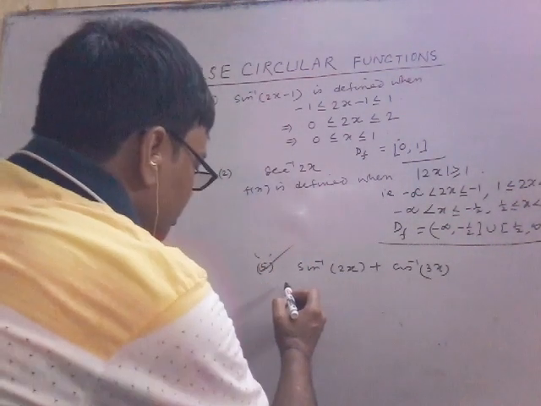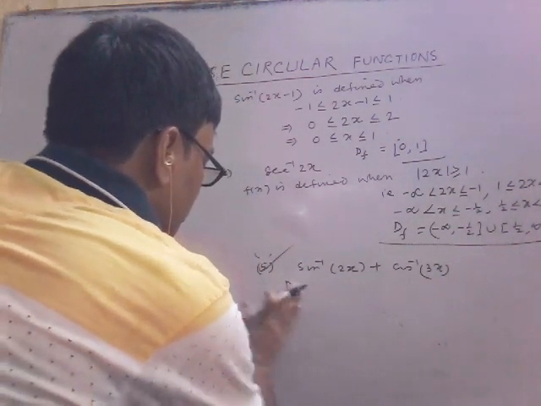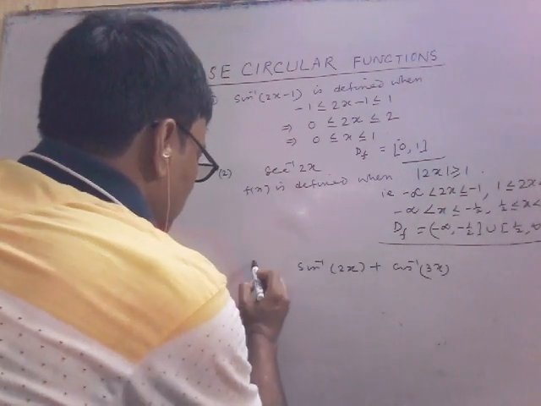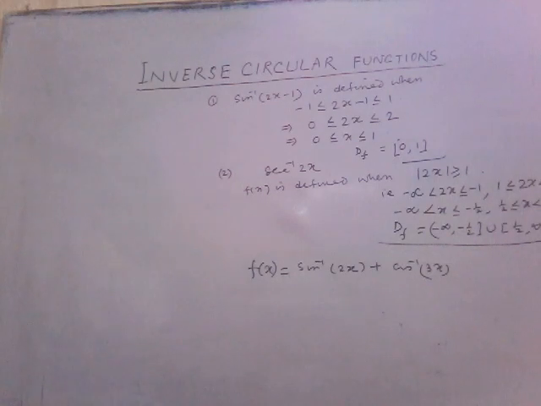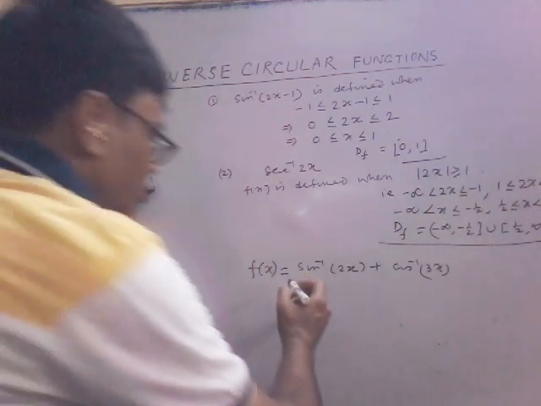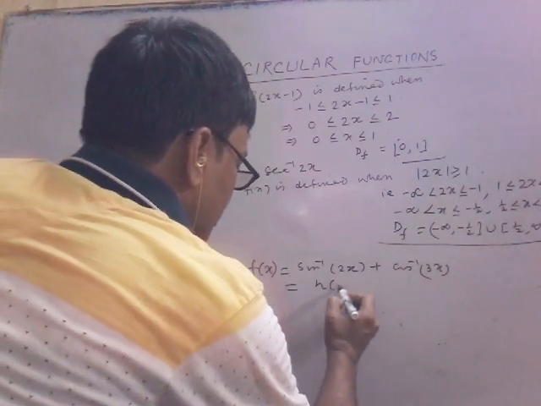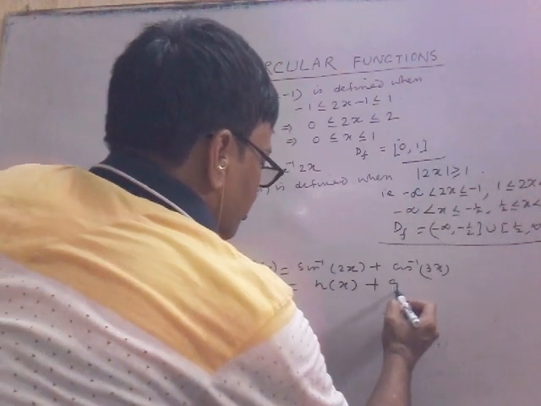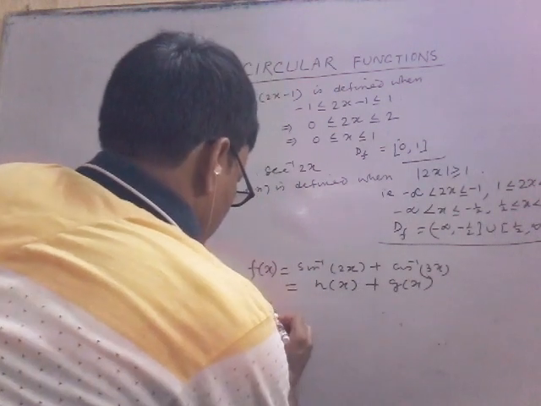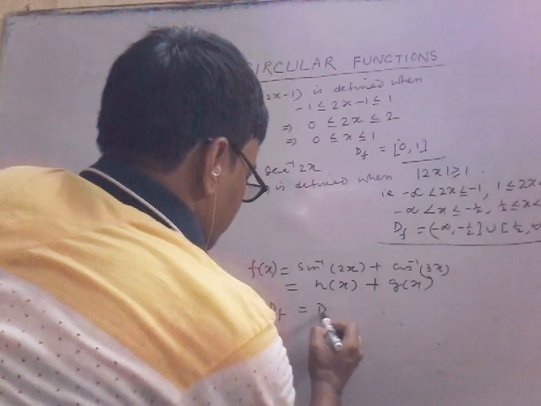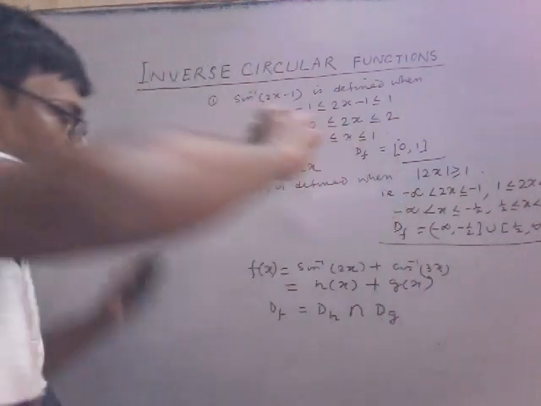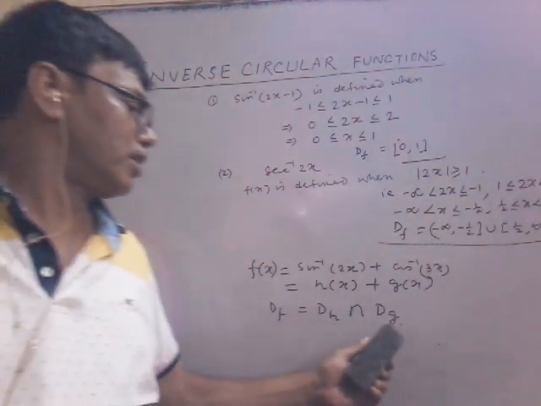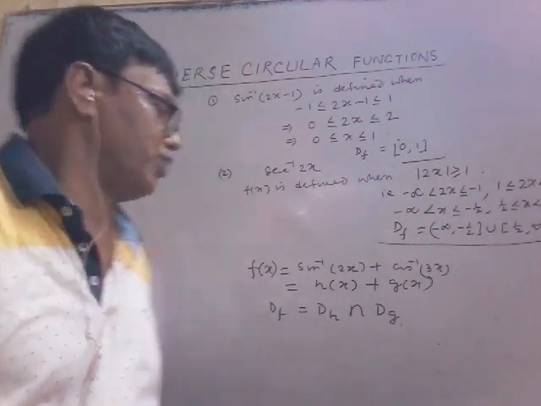So if we consider this as f(x), and write this as h(x) and this as g(x), then Df equals Dh intersection Dg, domain of h intersection domain of g.